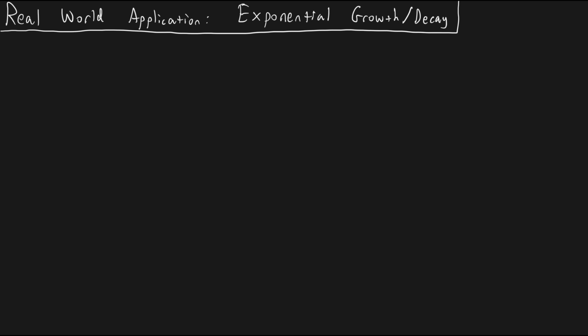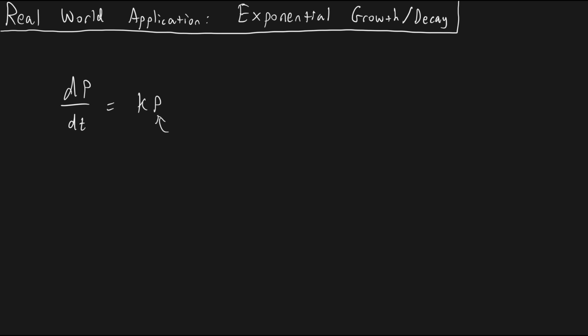One last thing I want to mention before we wrap up the introduction video is that problem number 3, the practice problem we just solved, is almost an exact example of a real-world application that is very important in many scientific and engineering fields. It's the concept of exponential growth and decay. Now, this idea is usually modeled by the differential equation dp over dt is equal to kp, where p is the population of something, let's say the population of a town that we're modeling the growth of, or the amount of bacteria in a petri dish that's growing over time.